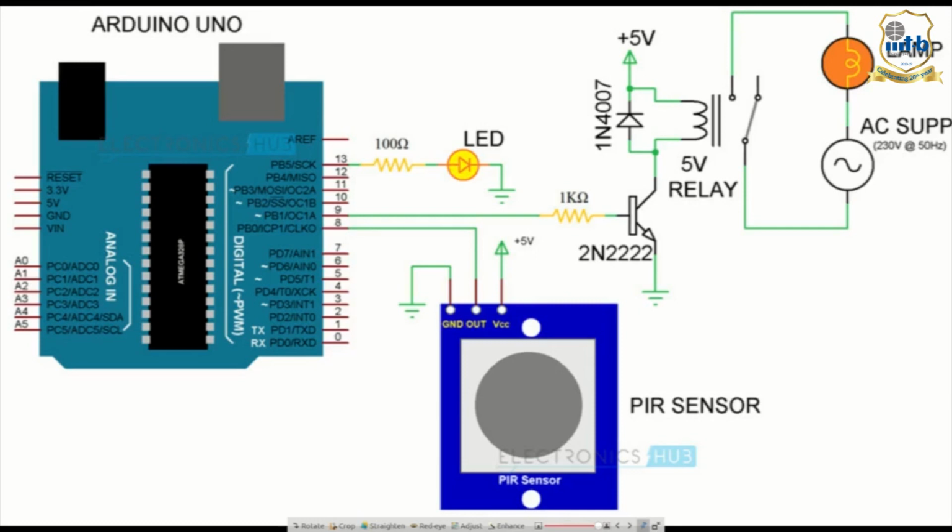Whenever it sends a 1, the output of it is connected to the Arduino, and the Arduino processes it and sends the 1 to the relay module. Depending on the value sent by the Arduino, the relay module is either switched on or switched off, and when it's switched on, the circuit for the lamp is completed and the lamp turns on.